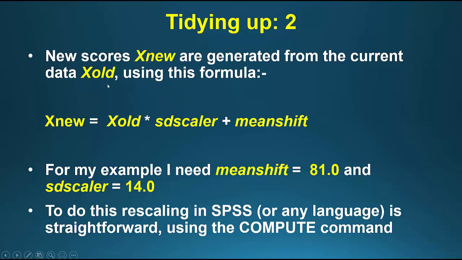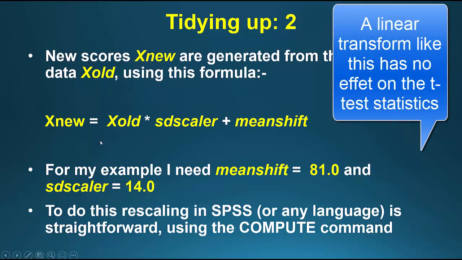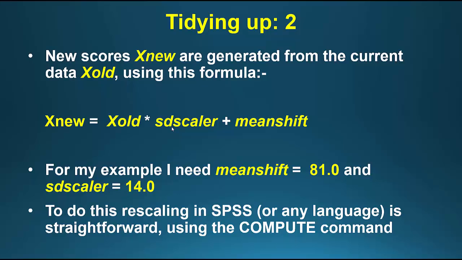From X old, your original scores, you're going to turn them into X transformed, or X new as I've written here, using a really simple formula: you take X old and you multiply it by a scalar for the standard deviation, to turn a standard deviation of 1 into what you want it to be, and you add a mean shift value that shifts the mean from a mean of 0 or E to the higher value.